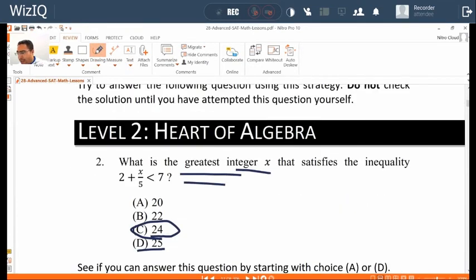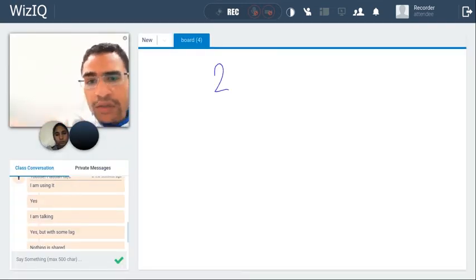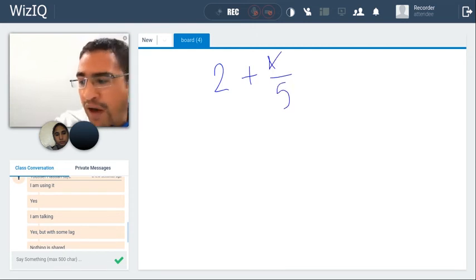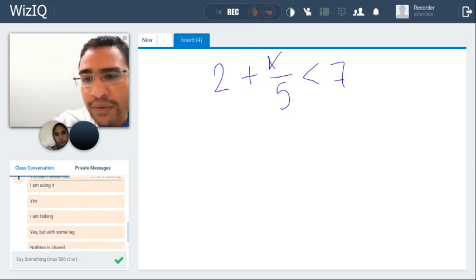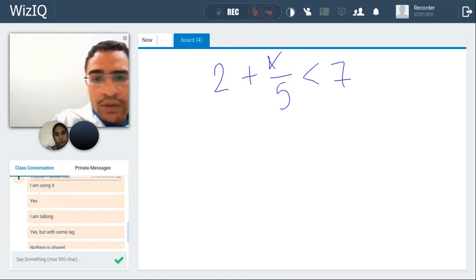So that is exactly what I mean. What I'm going to do right now is try to solve this inequality algebraically. If we say 2 plus x divided by 5 is less than 7, what I can do is get rid of the 2 by subtracting 2 from both sides.